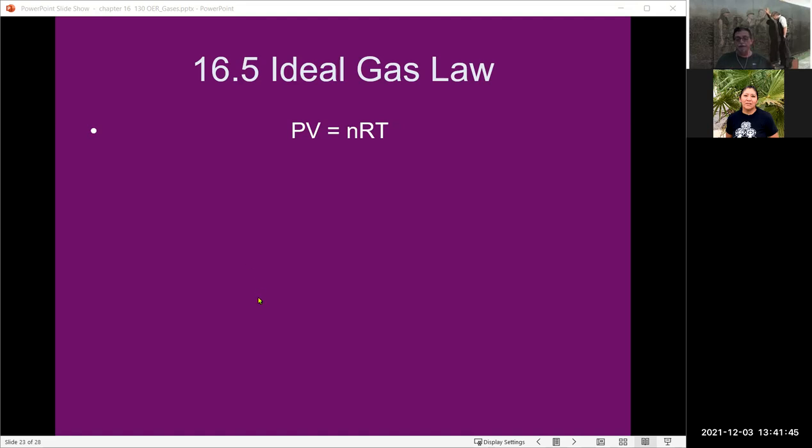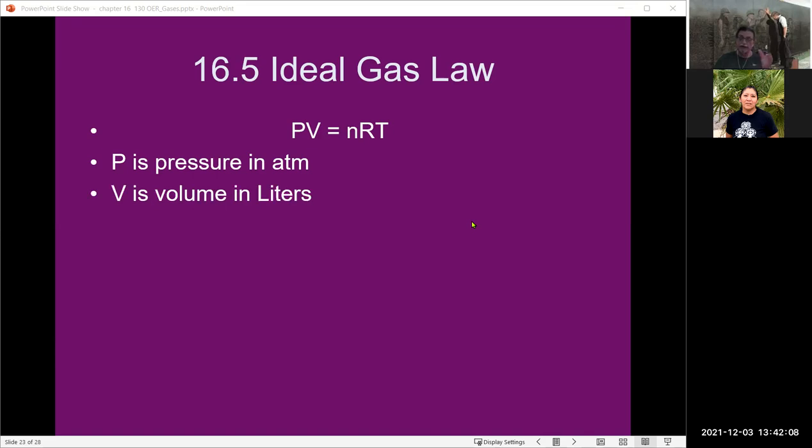R is a constant, and we'll define that, okay? Well, to use this equation, we use pressure, but those units must be in atmosphere. The reason these variables have to be in certain units has to do with R. R is a constant, and that constant could use a variety of different units, but the ones we're going to use have specific units that you have to use.